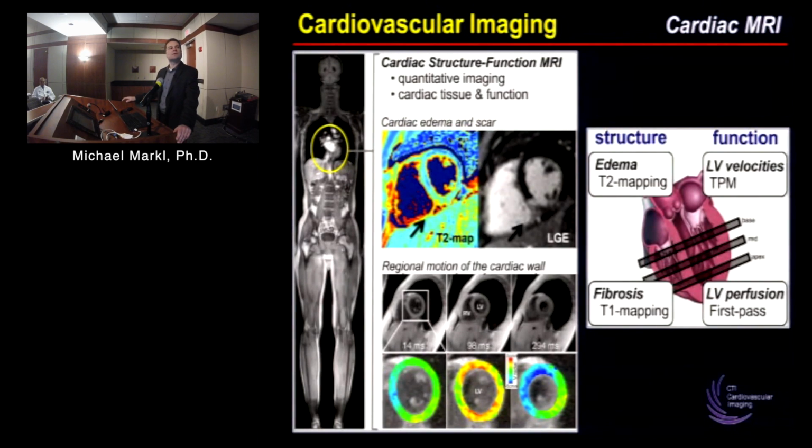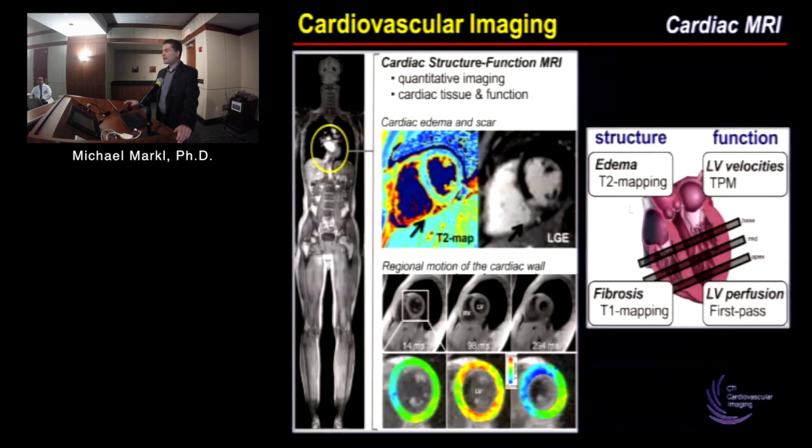One focus here, which has become very popular over the past years, is quantitative imaging, moving away from the qualitative reading of MR images where you look at hypo-intense or hyper-intense regions and compare them to other regions, and instead developing technologies that let you map out different structural and functional properties of the heart.